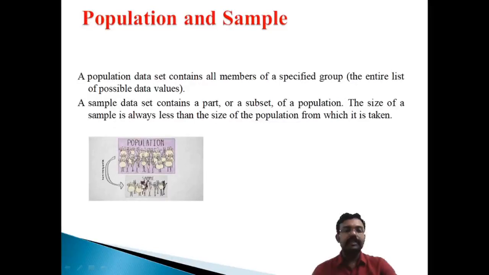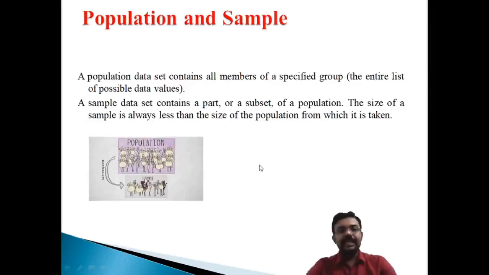Suppose you select 10 or 50 members from the population, that is a sample. It is a subset of the population, and the size of the sample is always less than the size of the population.